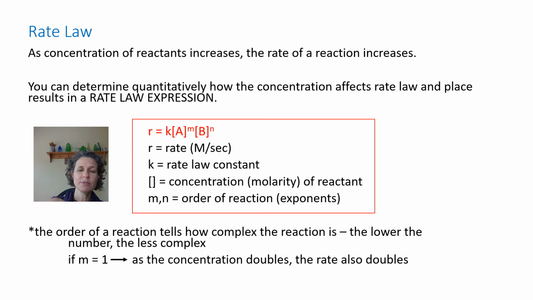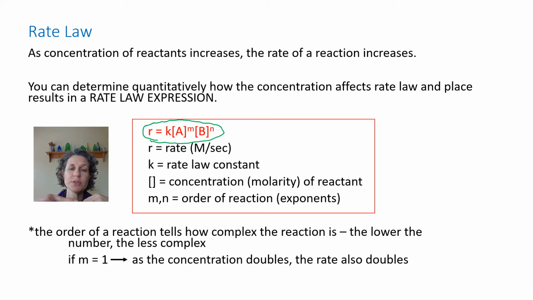This little formula right here in red is our basic, generic plug-everything-in formula. In there you have several different parts. You have the rate, which is what everything's equal to. K is a rate law constant. That's one of the things that we will have to calculate.